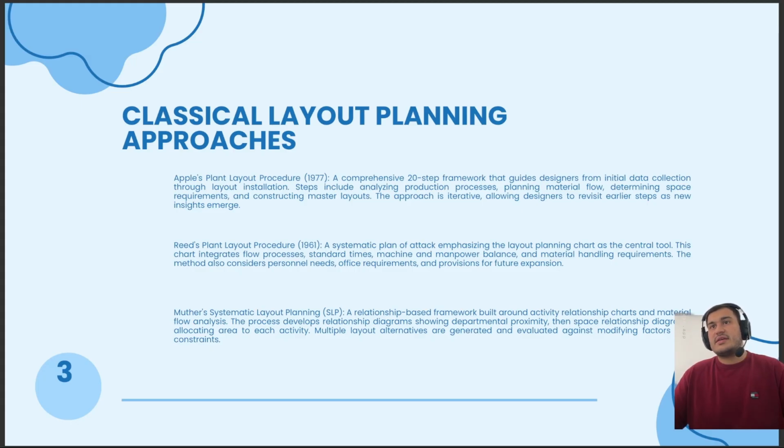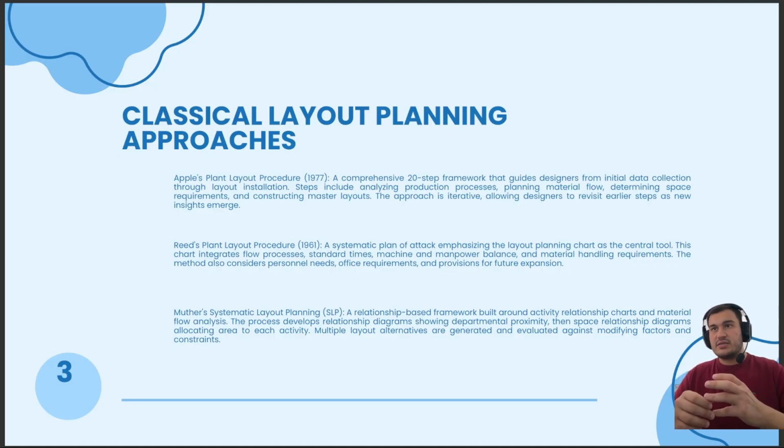Think of this as starting with a completely blank piece of paper. The designer or the algorithm systematically builds the planned configuration by placing one department at a time. These choices are made based on closeness relationship priorities and the physical space requirements of each department.